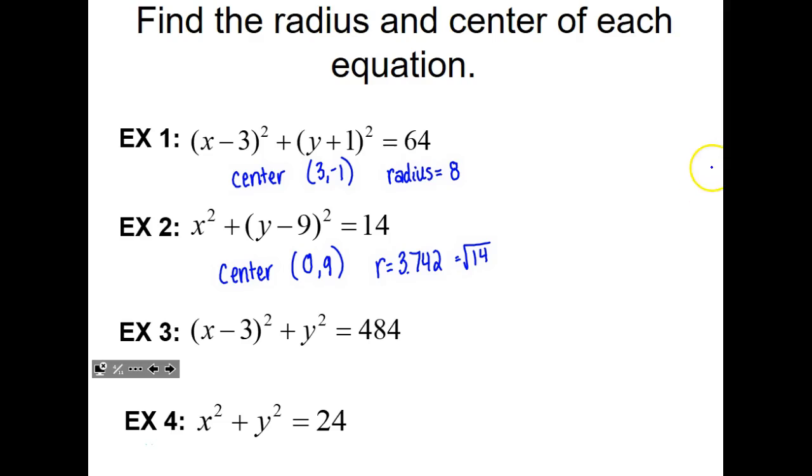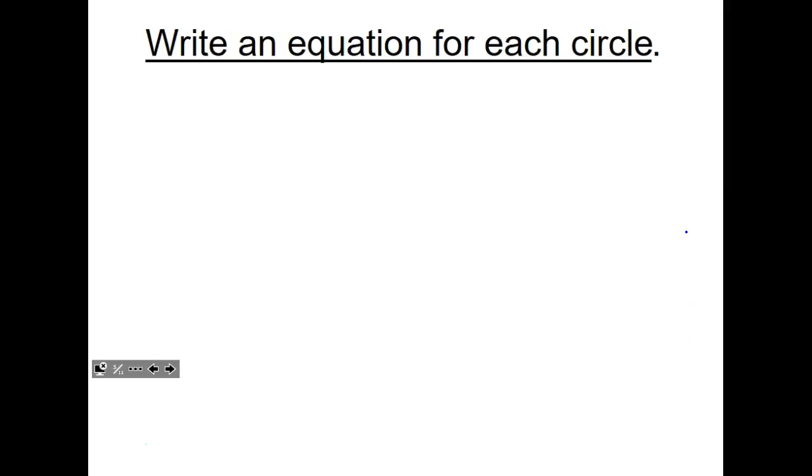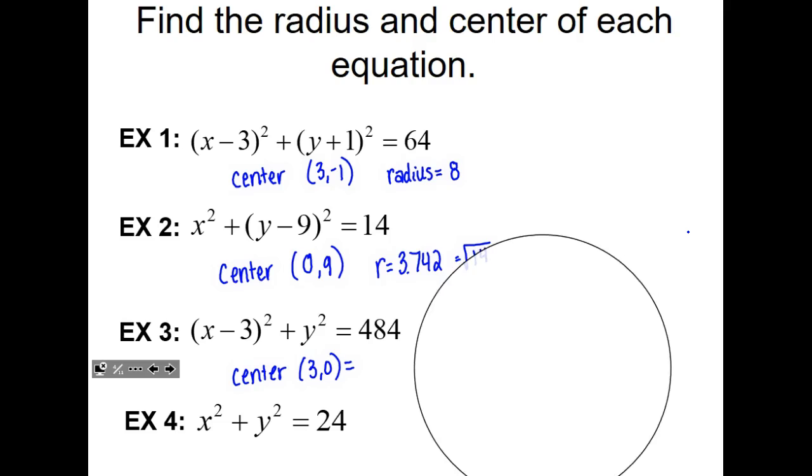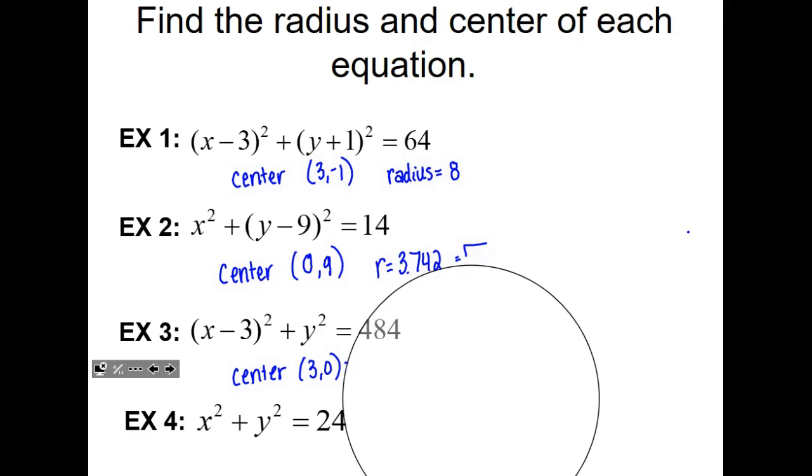Okay? What is the center for number 3? Very good. 3, 0. Alright, so this is the square. And Matt, what's our radius? 22.